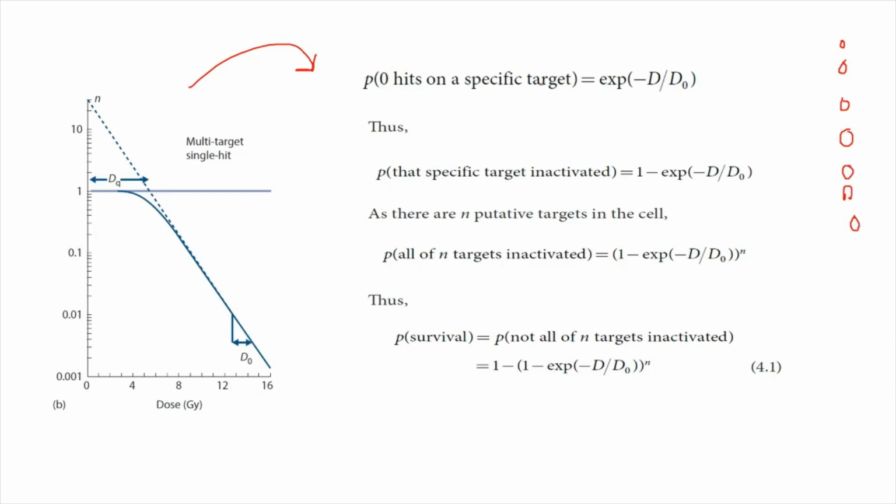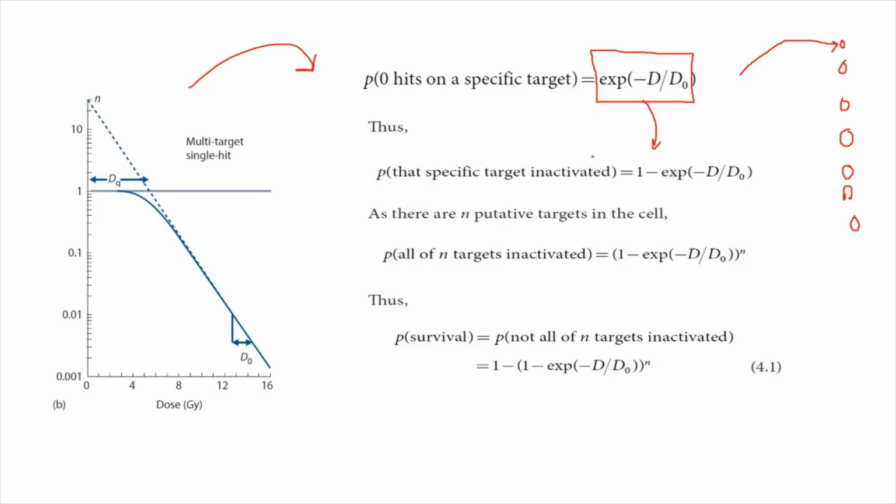So the probability that one target will be inactivated, like a particle hitting this target, will be 1 minus exponential of minus D by D naught, because exponential of minus D by D naught is for survival. So this is the probability that one target will be inactivated.